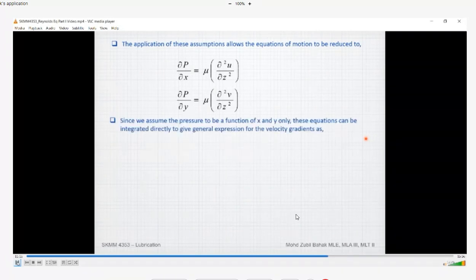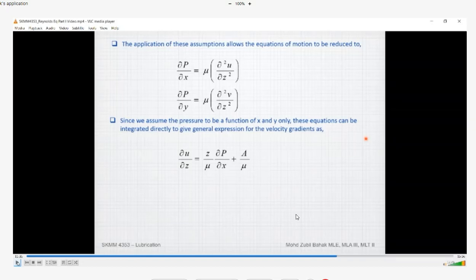Since we assume the pressure to be a function of x and y only, as mentioned in the assumptions, this equation can be integrated directly to give a general expression for the velocity gradient. By the way, do you understand why it said that the pressure is a function of x and y?